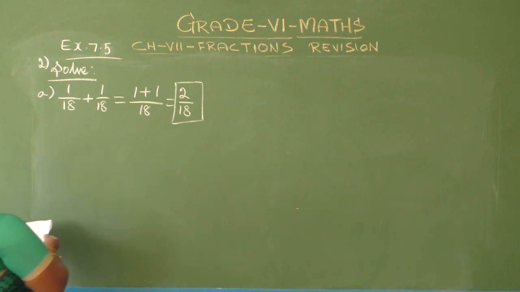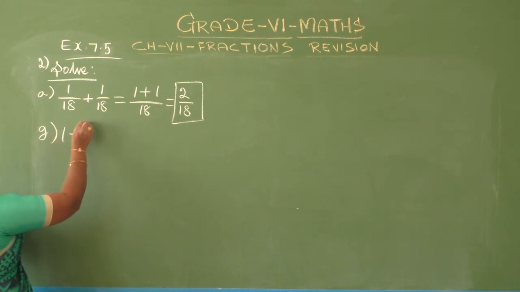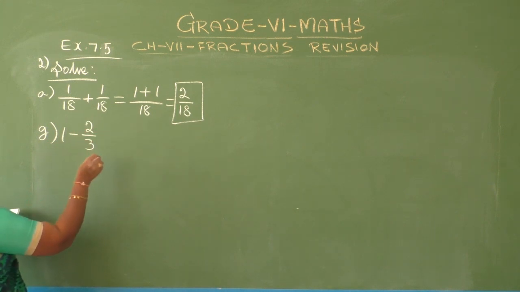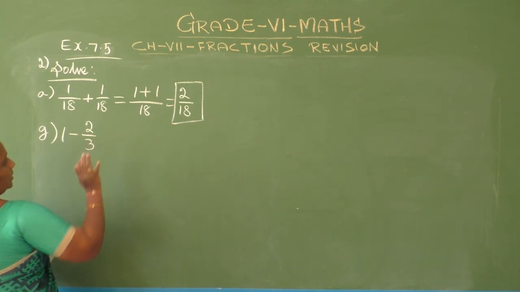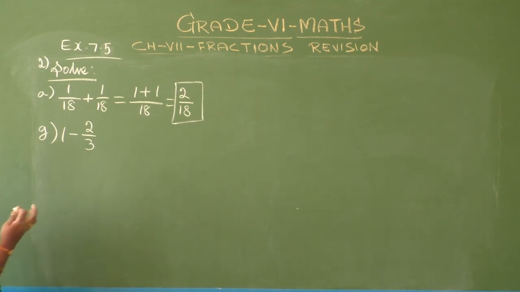That's how we solve the question. Then in the same Roman, I am going to do G7: 1 minus 2 by 3. Listen, here we don't know the value for this 1.